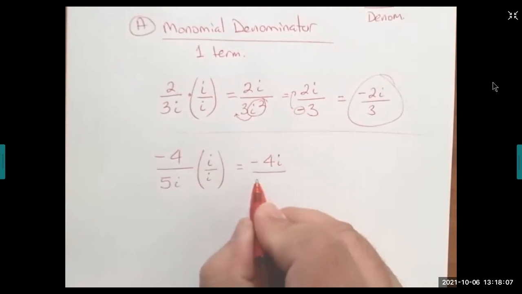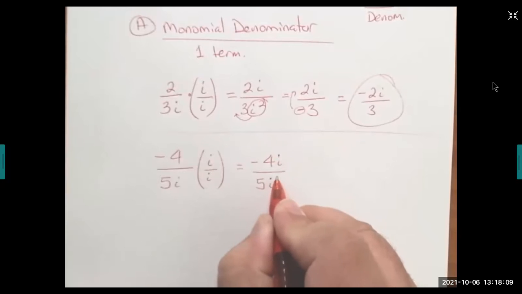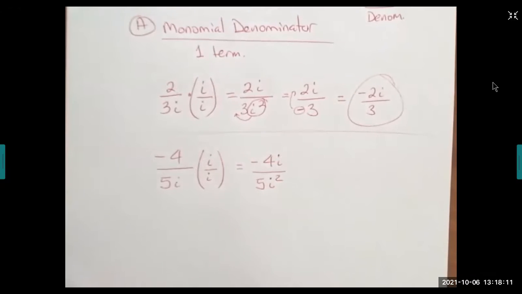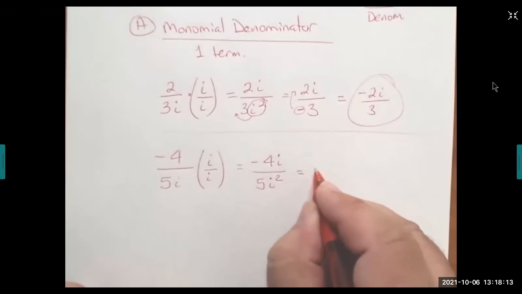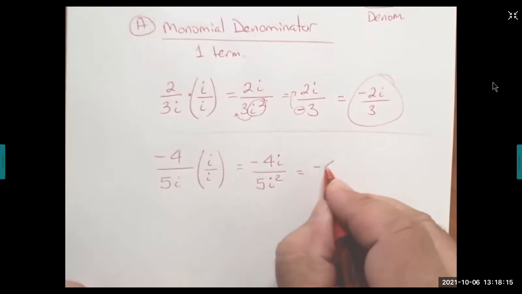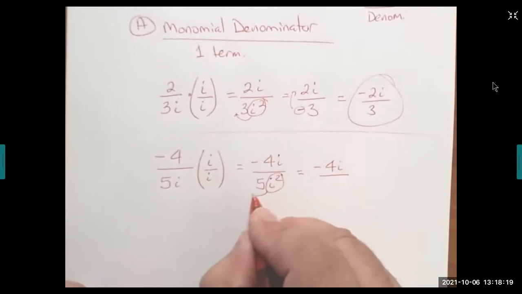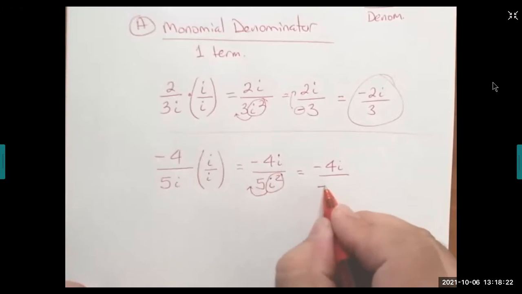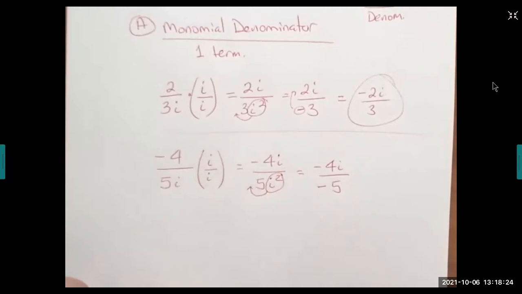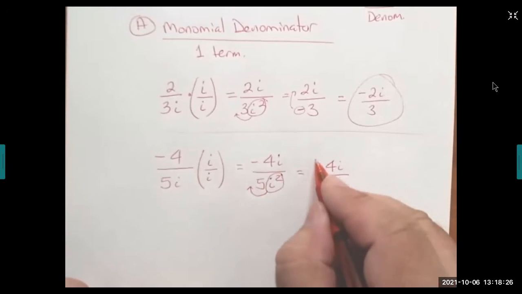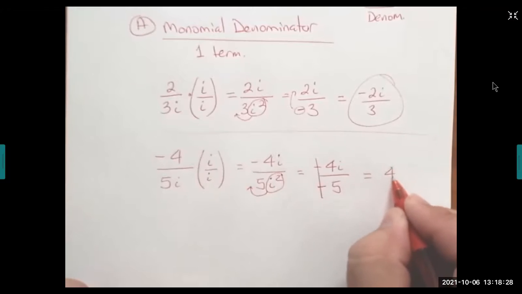Negative 4i over 5i squared. This i squared just changes the sign of that, so it becomes negative 5. Negatives cancel. We're left with 4i over 5, and there's our answer.